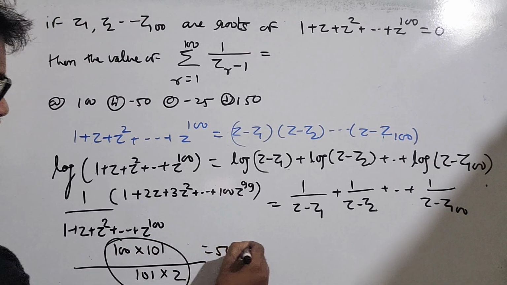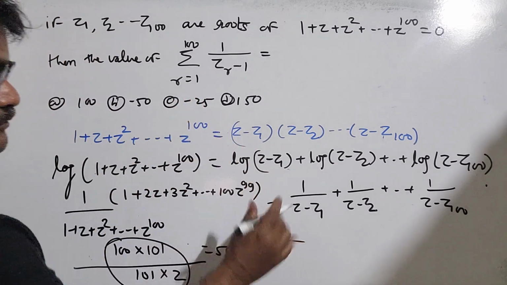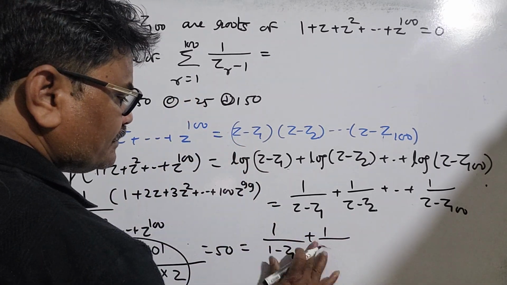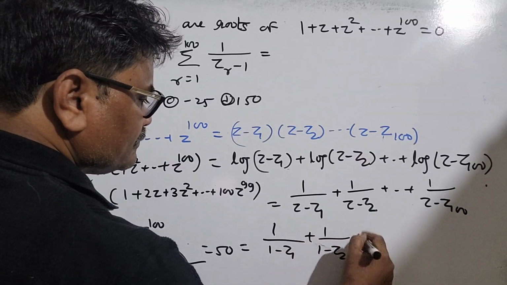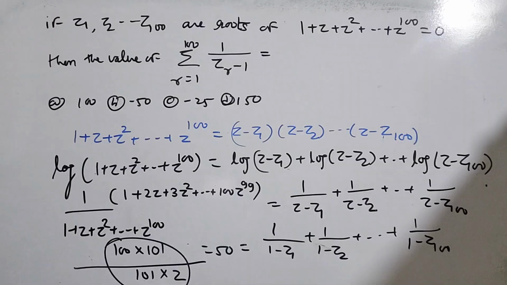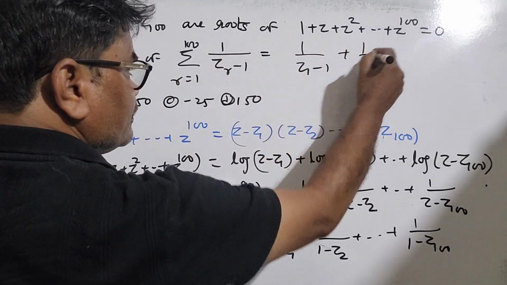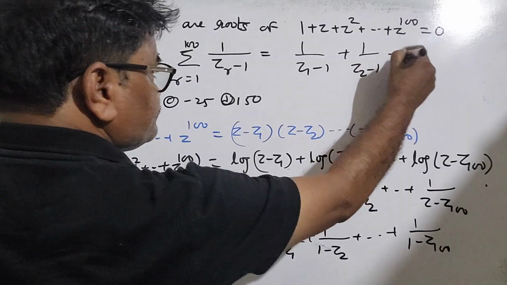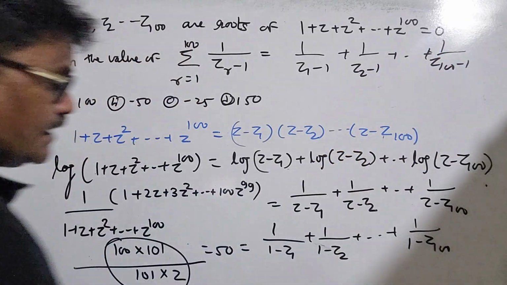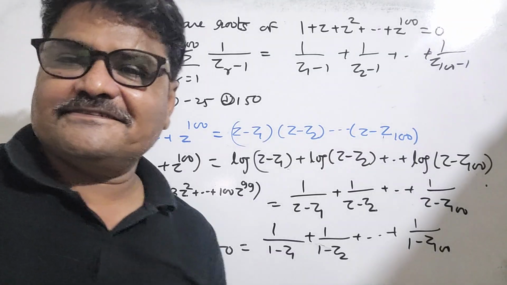So 50 equals 1 upon (1 minus z1) plus 1 upon (1 minus z2) up to 1 upon (1 minus z100). But they want 1 upon (z1 minus 1) plus 1 upon (z2 minus 1) up to 1 upon (z100 minus 1). We have got 1 minus z1, but they want z1 minus 1.